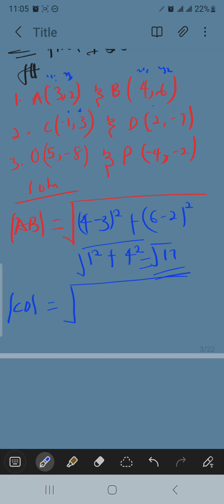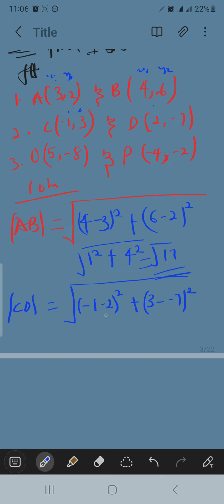So if this were to be x2 y2, this one is going to be minus 1 minus 2. It doesn't matter how you pick it, you are going to get the same answer. That's what I'm trying to say. Plus 3 minus minus 7.